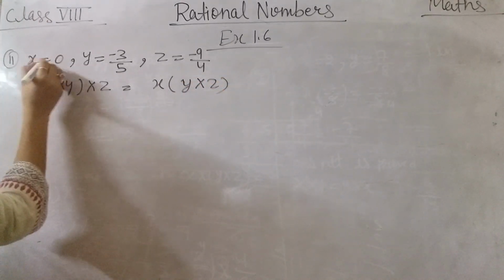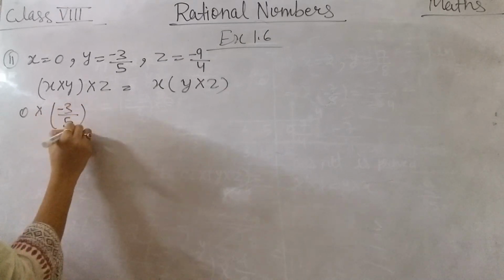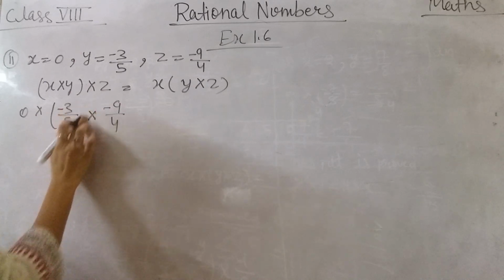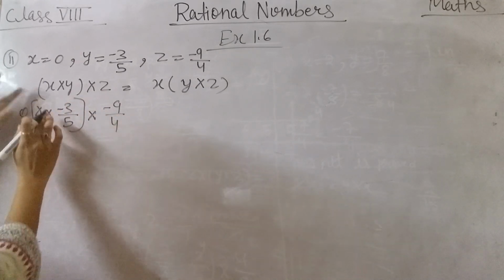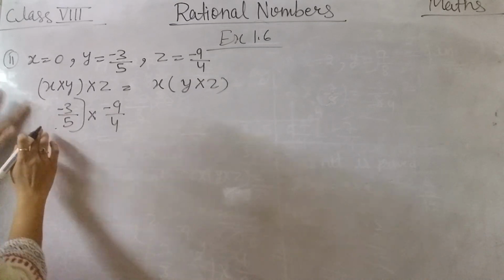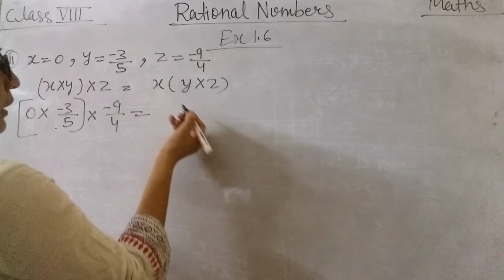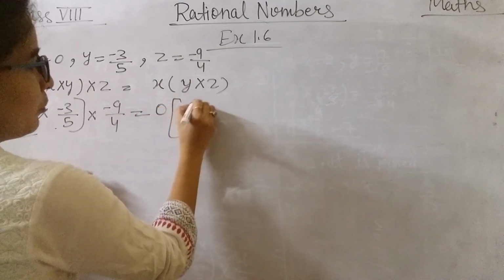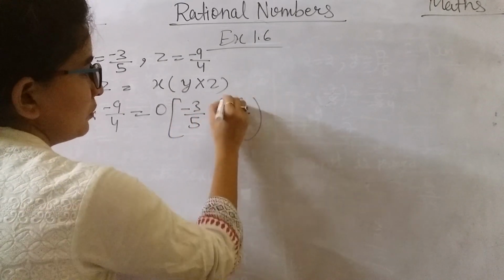So that would be x is 0, y is minus 3 upon 5 and z is minus 9 upon 5. It should be equal to x is 0, y is 3 upon 5 and z is minus 9 upon 4.